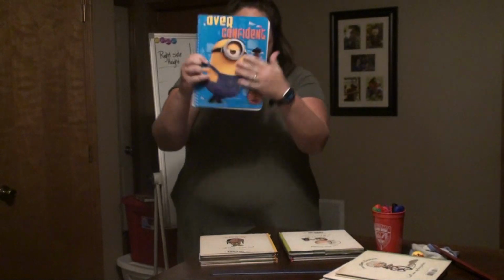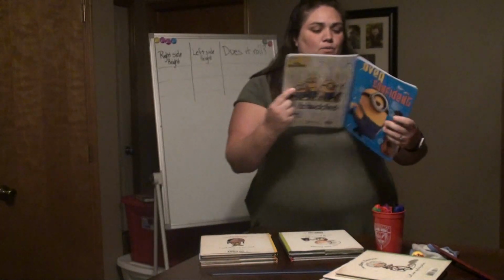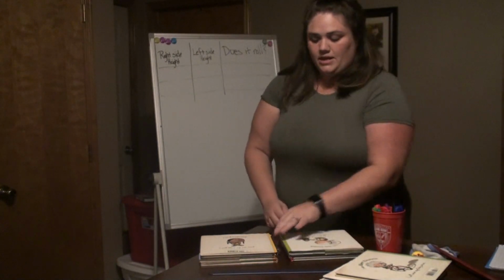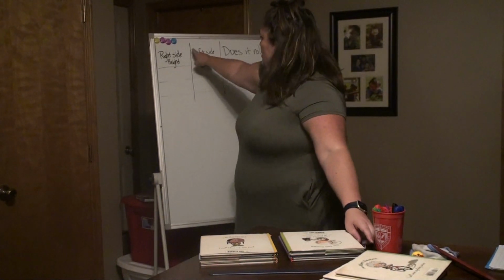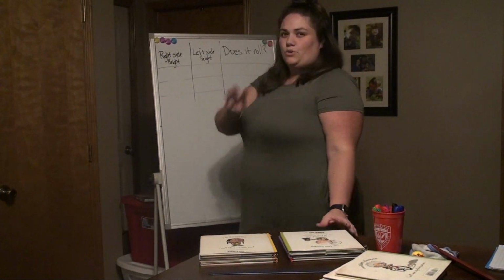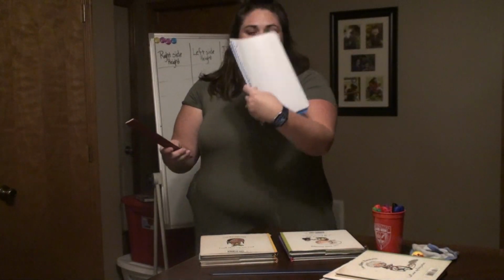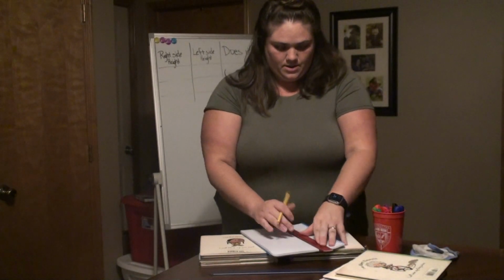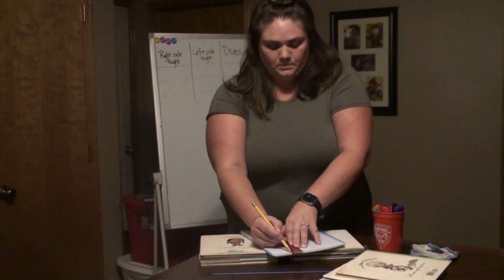So what we're going to do is get our science journals, and we're going to open up to the next blank page, and we're going to make a chart. In our chart, we're going to make boxes with lines straight down. You only need 3. So you can take your ruler and your journal and draw out your 3 lines from top to bottom of the page.